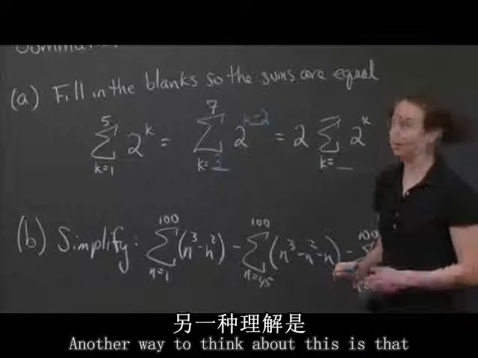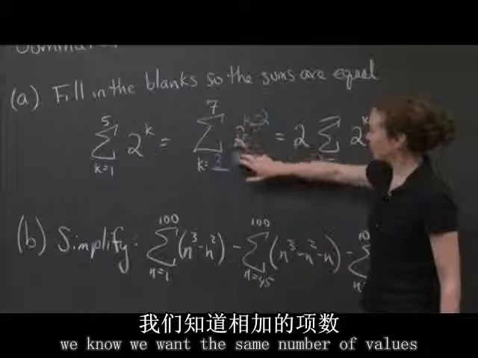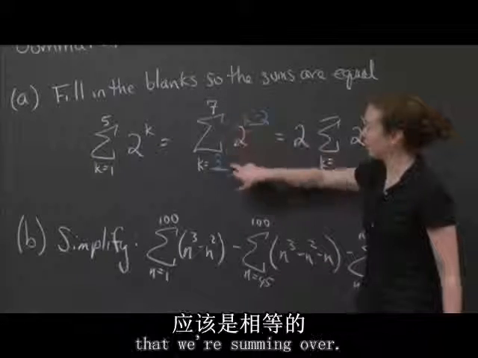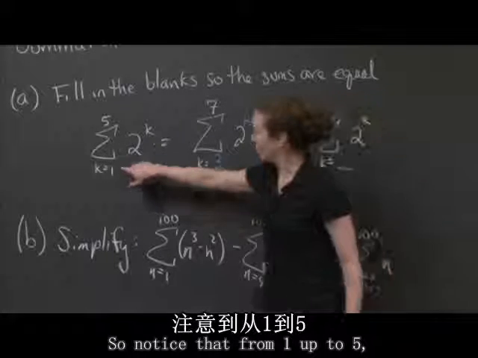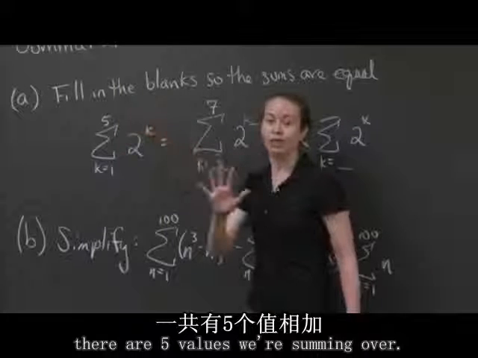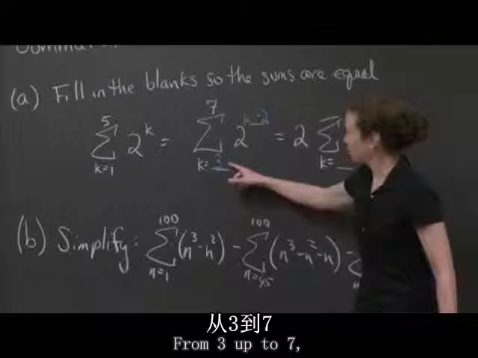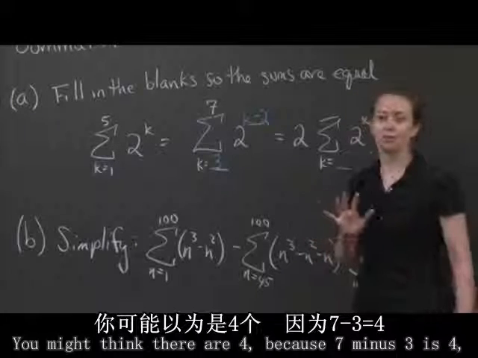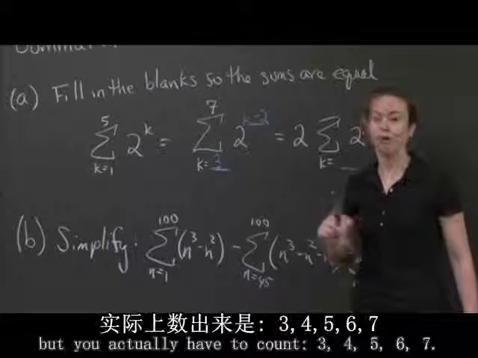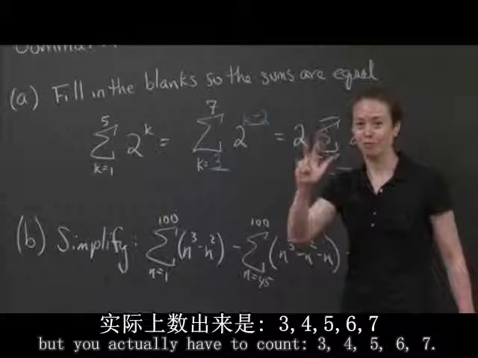Another way to think about this is that we know we want the same number of values that we're summing over. So notice that from 1 up to 5, there are 5 values we're summing over. From 3 up to 7, there are actually 5 values we're summing over. You might think there are 4 because 7 minus 3 is 4, but you actually have to count 3, 4, 5, 6, 7.